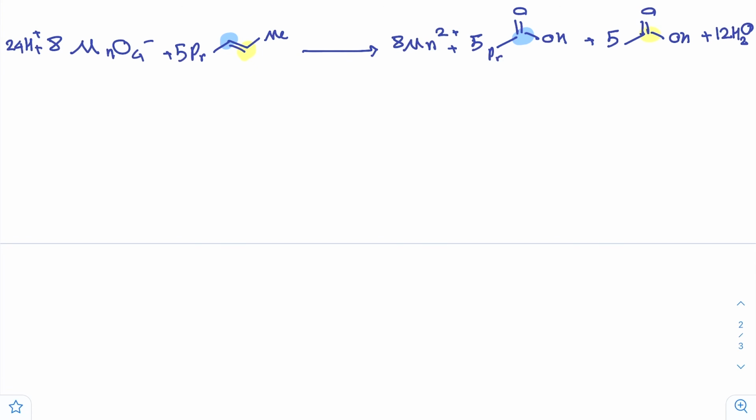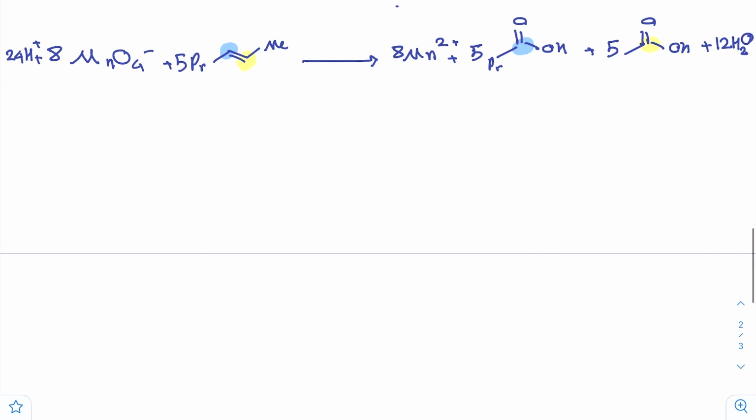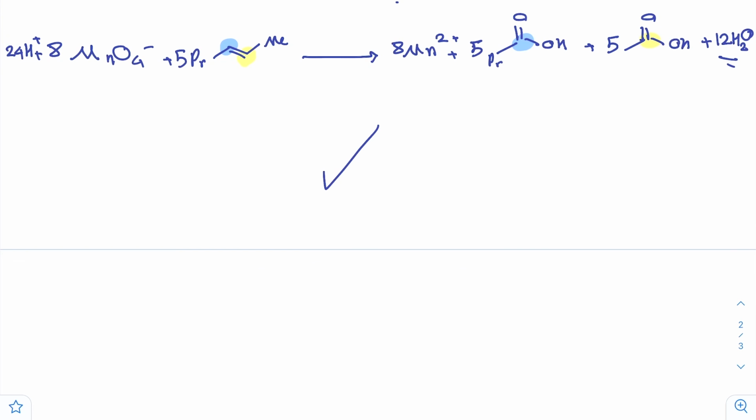And indeed they are in balance, because we have 24 hydrogens here. As we said, the number of hydrogens in this and this are the same, no need to worry about it. And then there's 24 hydrogens here, so we're good. So, 2 methods for balancing an oxidation reduction reaction containing organic molecules.